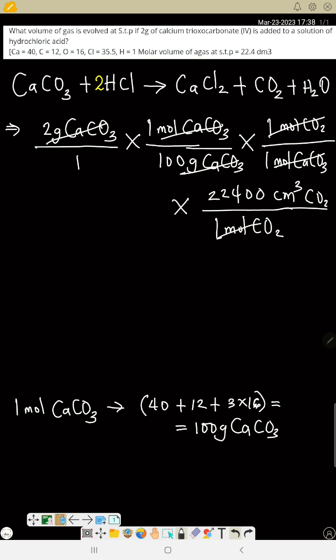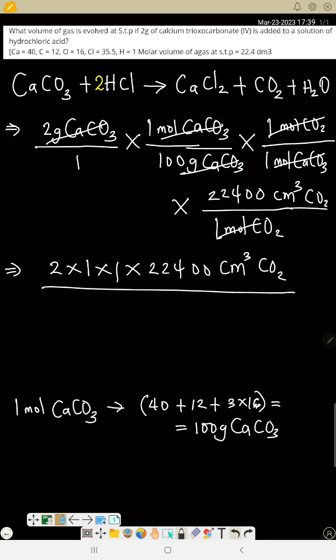So everything I will have here is 2 times 1 times 1 times 22400 centimeter cube of CO2, all divided by 1 times 100 times 1 times 1.